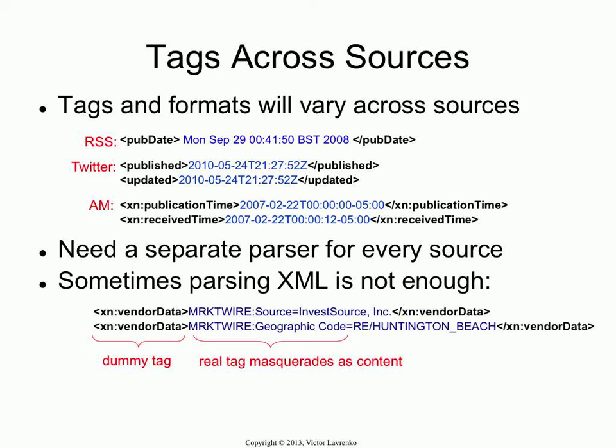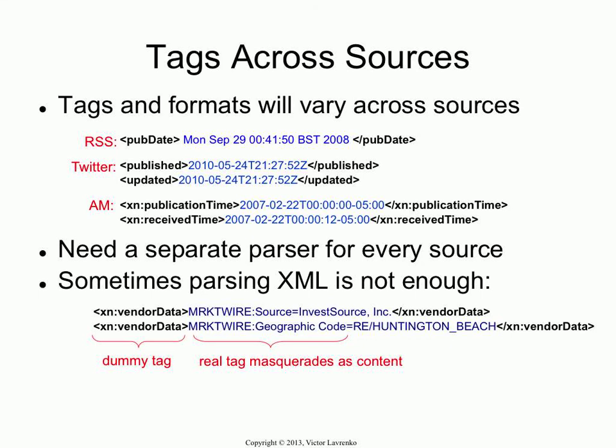Remember, the way XML works is the tag is supposed to describe the type of variable that you have, and what's inside the tag is the value. So it's easy here: this is the variable publication date, and this is its value. Here, this is not the name of the variable. This is a dummy tag. And the actual tag is right there. This is the variable name, geographic code. And this is the value, Huntington Beach.